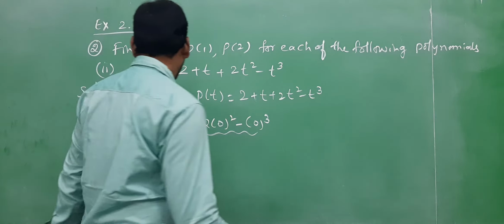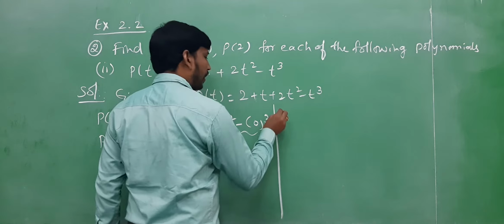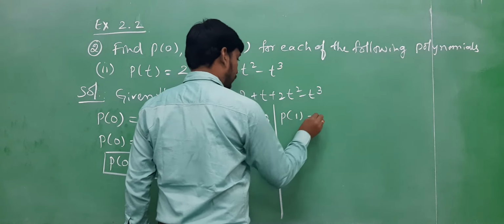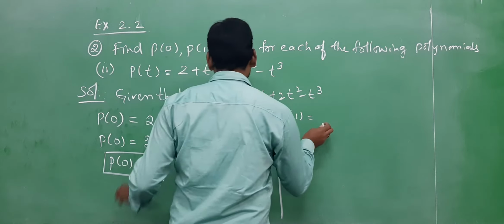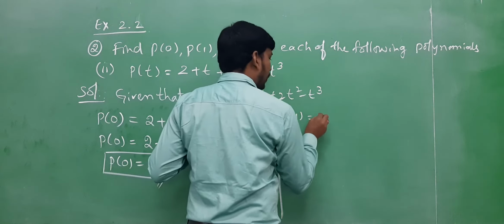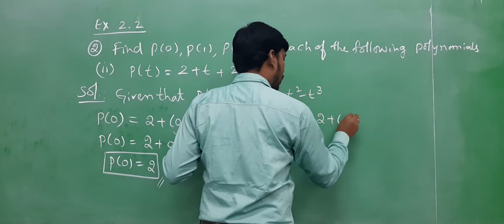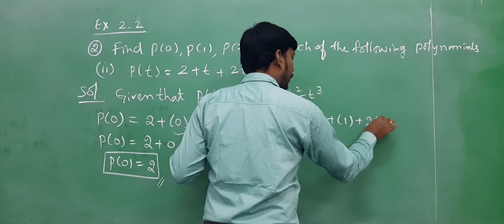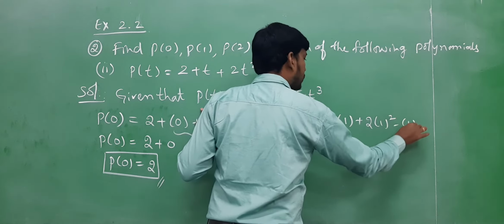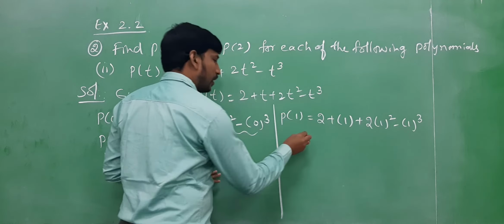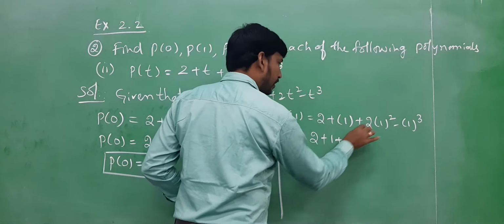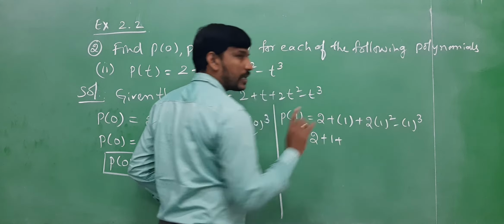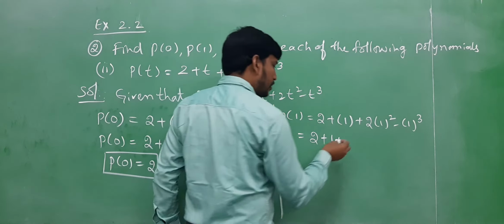The same way we are going to find out P of 1 also. Okay. P of 0, P of 1, P of 2. Right, in the place of t, replace 1. 2 plus 1 plus 2 into 1 square minus 1 cube. Now which implies 2 as it is, 1 as it is, 2 into 1 square. 1 square is 1, 2 ones are 2 again.